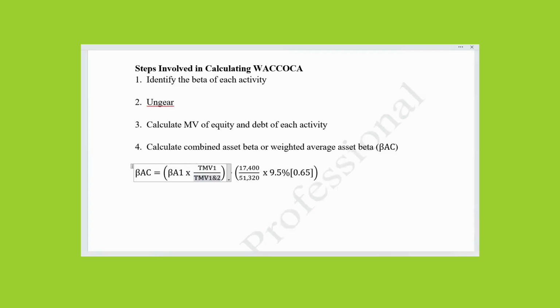We're assuming that we have only 2 different business activities. If you have more than 2, it will be the first, second, and third activity.